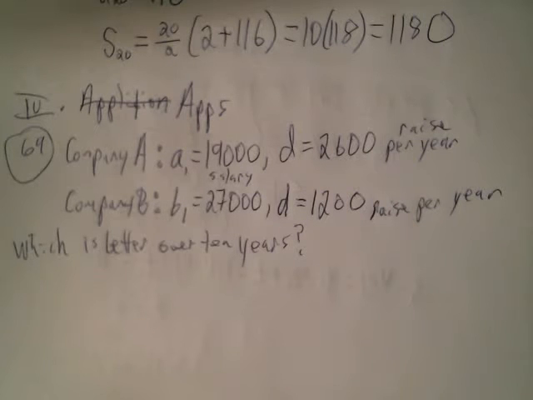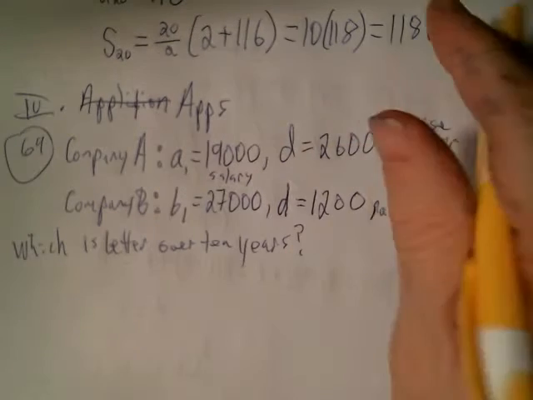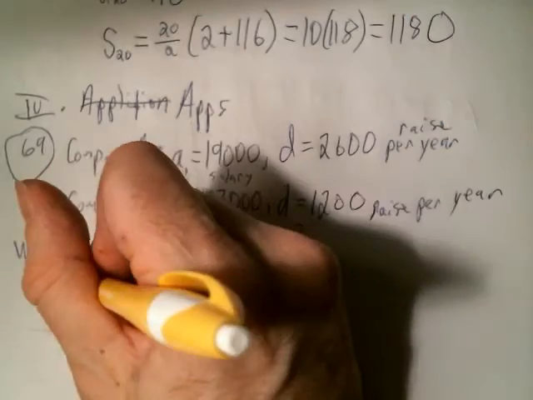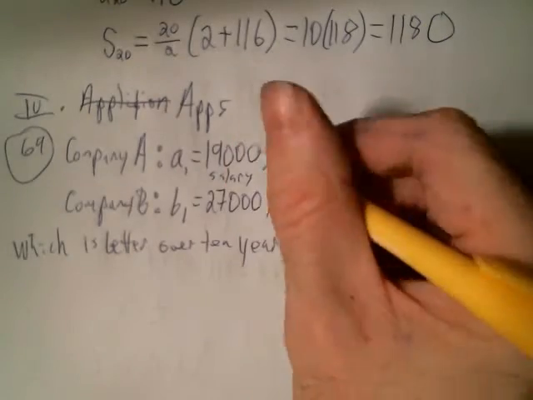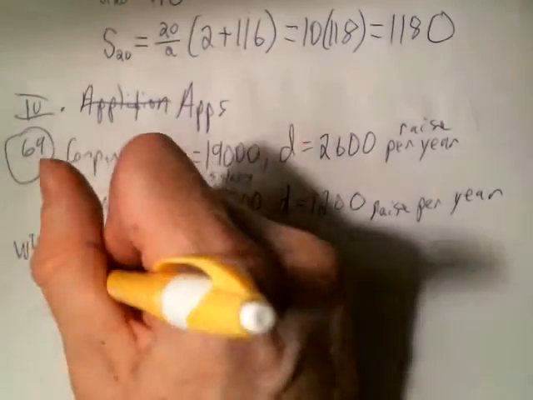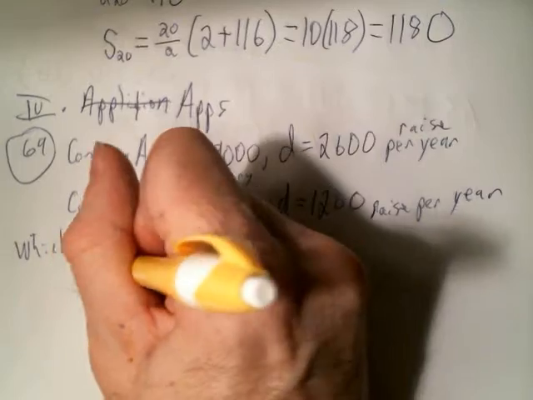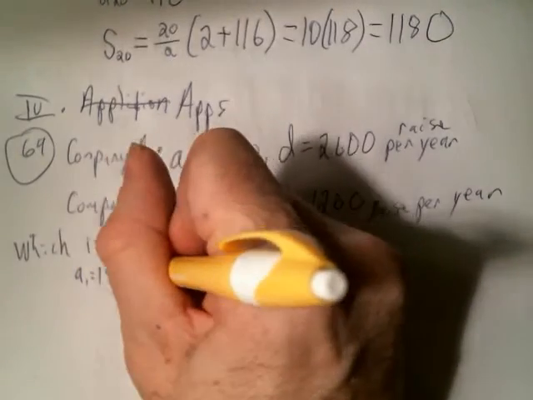And this is really just a sequence problem. So we can use our summation formula for arithmetic sequences to determine the answer here. So in particular, we want to know S sub 10. Right, so the first term, A sub 1, is 19,000.